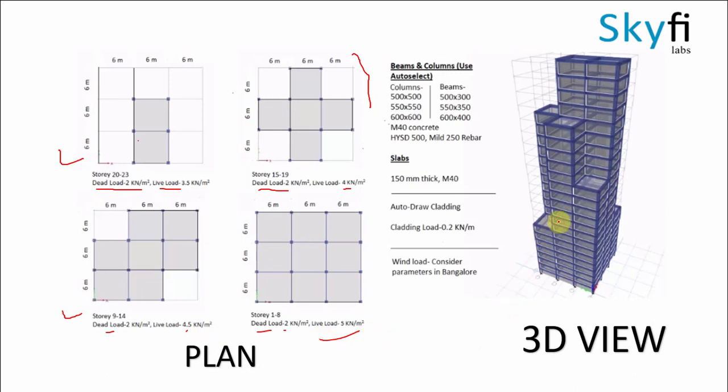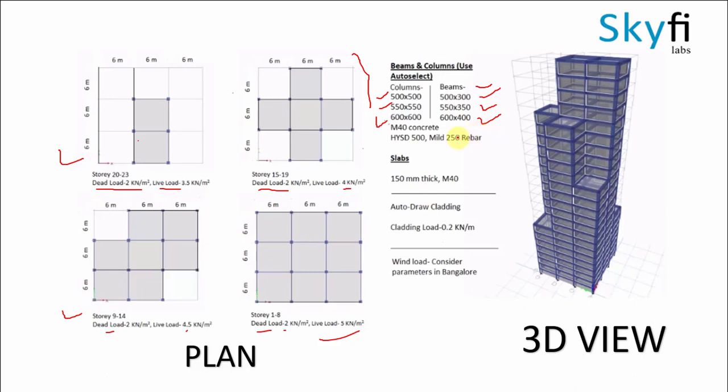We also have the given dimensions of beams and columns. The columns used in the building are of sizes 500 x 500 mm, 550 x 550 mm, and 600 x 600 mm, and the beams that can be used are of sizes 500 x 300 mm, 550 x 350 mm, and 600 x 400 mm.